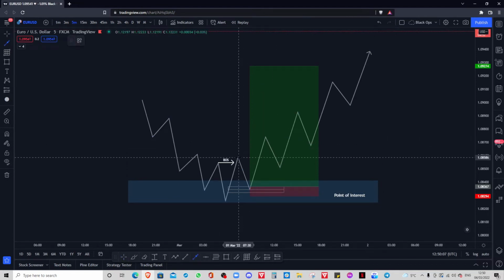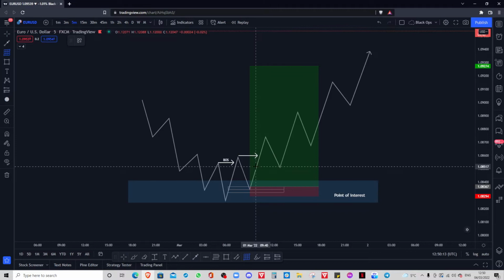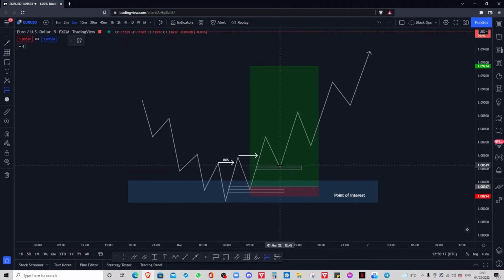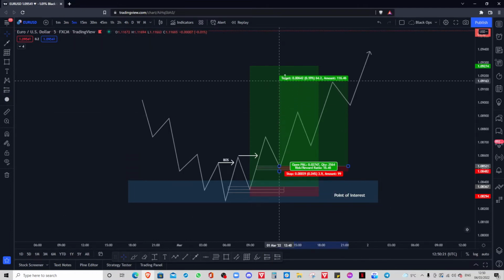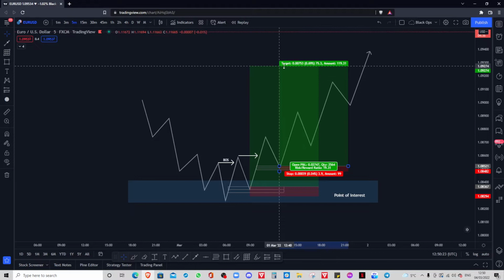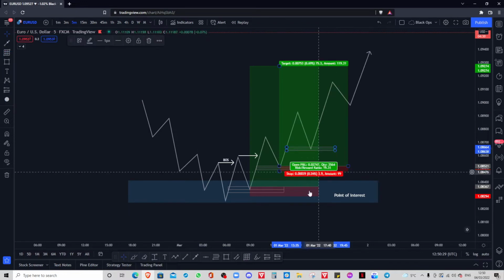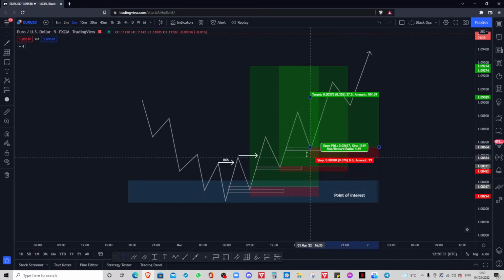So let me just highlight it with this, and then we are waiting for an order block, and then we'll jump into another trade like so, and then we'll have the same sort of target. Price does the same thing here, let's say, jump in again.